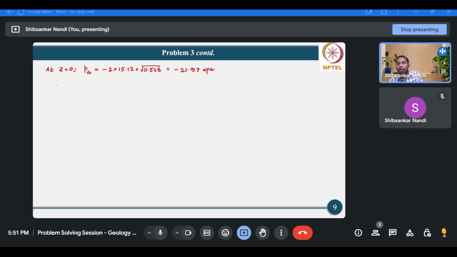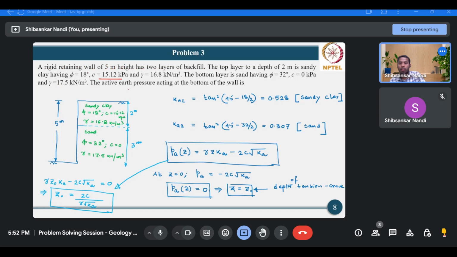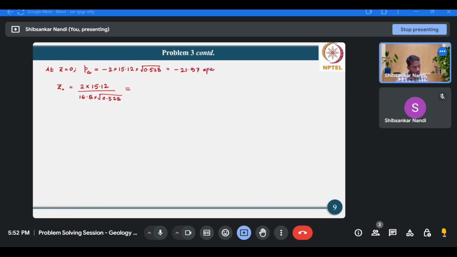Now we'll calculate the depth of tension crack, which is nothing but 2c by gamma root k. So 2 into 15.12 by 16.8 multiplied by root 0.528. So it's 2.48.